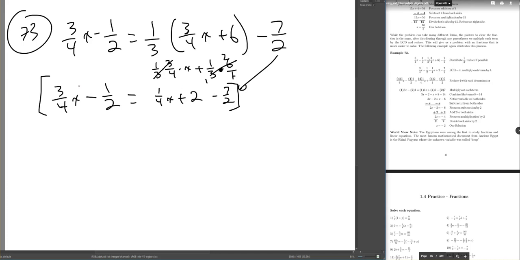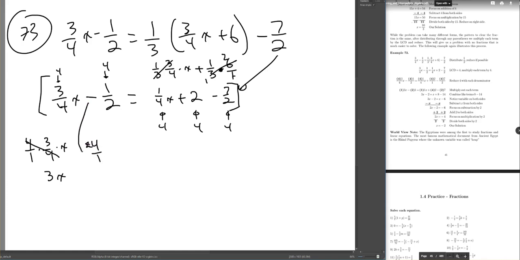So what you end up getting is this times 4, this times 4, this times 4, this times 4, this times 4. And 4 as a fraction is really 4 over 1. Multiplied by 3 over 4, multiplied by x. And cross these out, I'm left with 3x. Here, this one here is a little bit easy. It becomes negative 4 over 1.